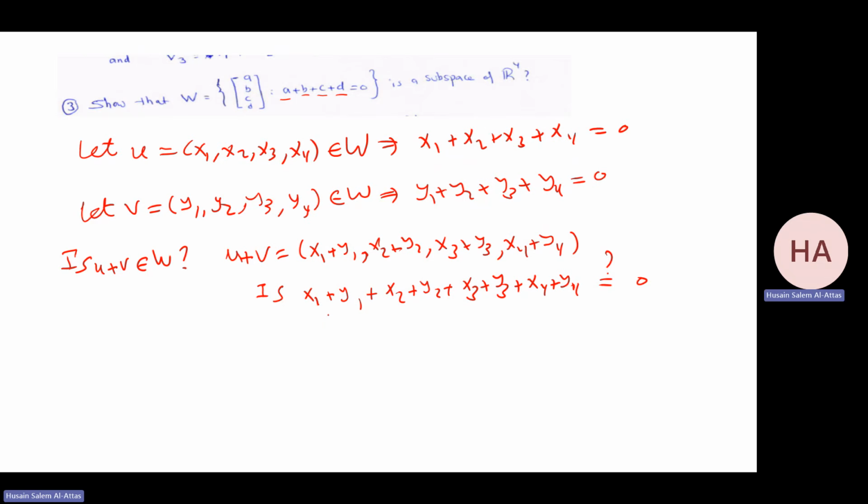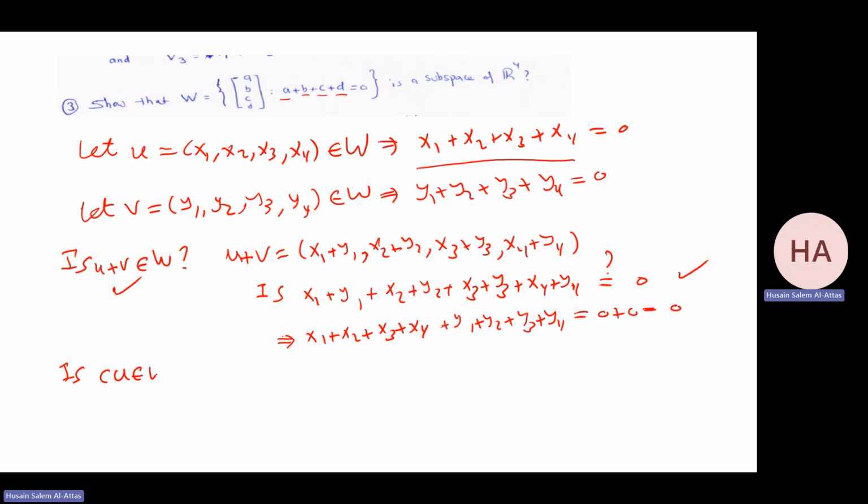That's the question. And it is. If I combine the x's, which I know are zeros, and I combine the y's, which I know are zeros, I have 0 plus 0, which is 0. So this is true.